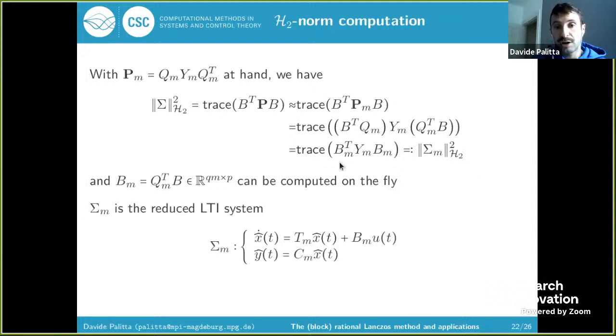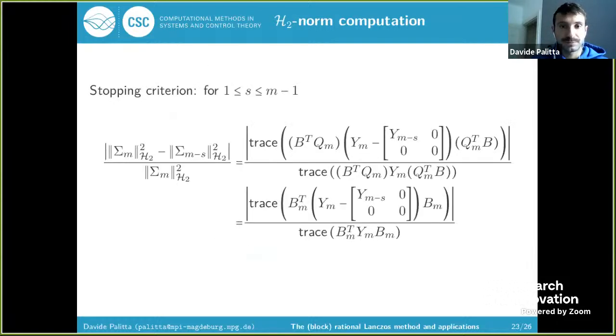And it can be shown that this is actually the H2 norm of the projected LTI system. So the reduced system, because here we are in the model reduction framework, is obtained by projecting the original LTI system onto the rational Krylov subspace that we computed.